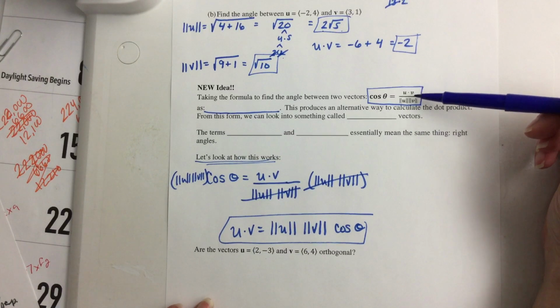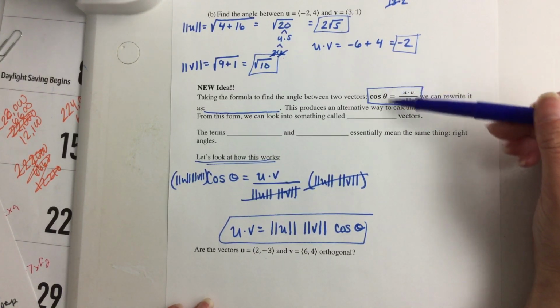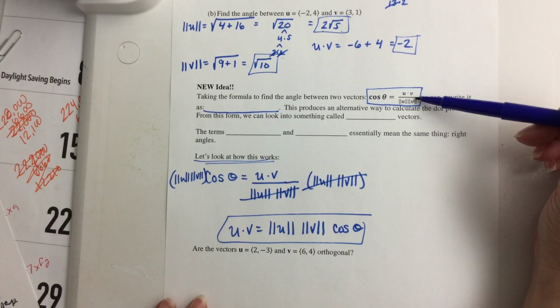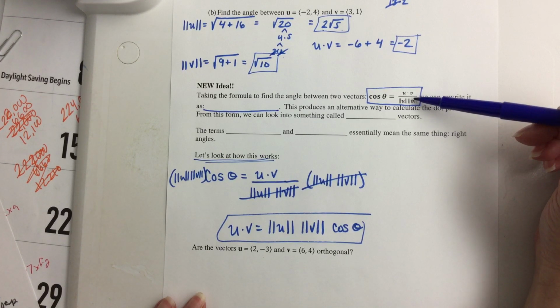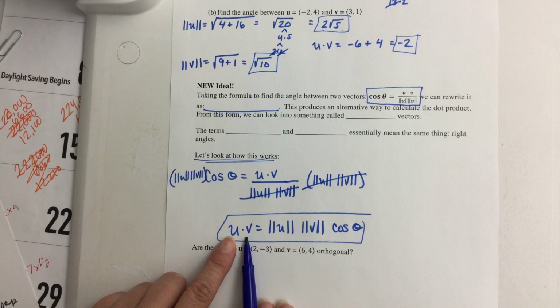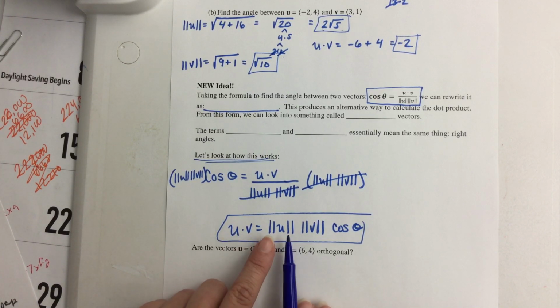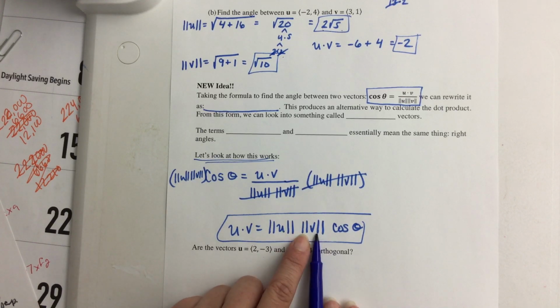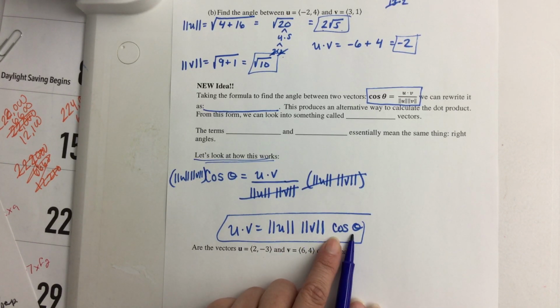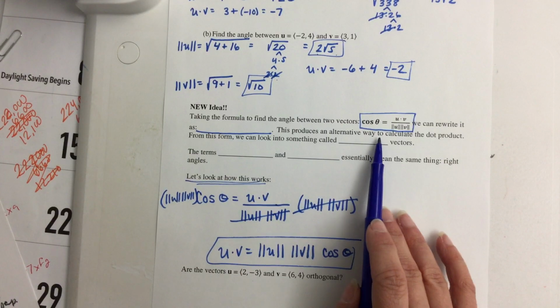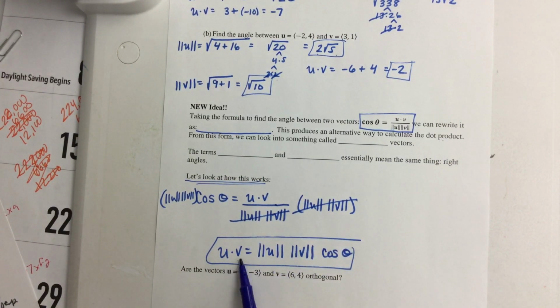This was the formula to find the angle between two vectors that both start at 0, 0. By just rewriting it, you can see that the dot product is equal to the magnitude of vector u, the magnitude of vector v times the cosine of theta. This produces an alternate way to calculate dot product.